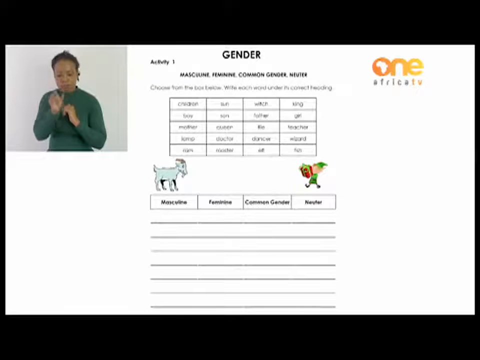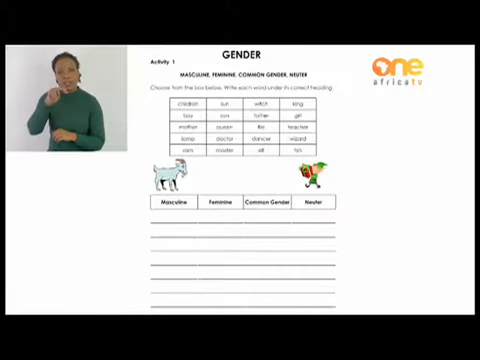For example, let me take mother. I will write it under feminine. Right? So, boys and girls, I want to understand that you still remember masculine, feminine, common gender, and neuter. So do the rest.